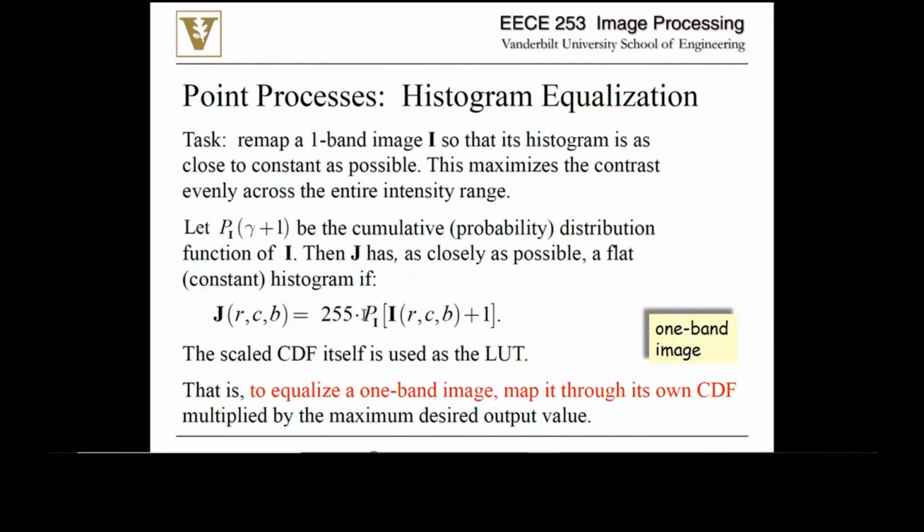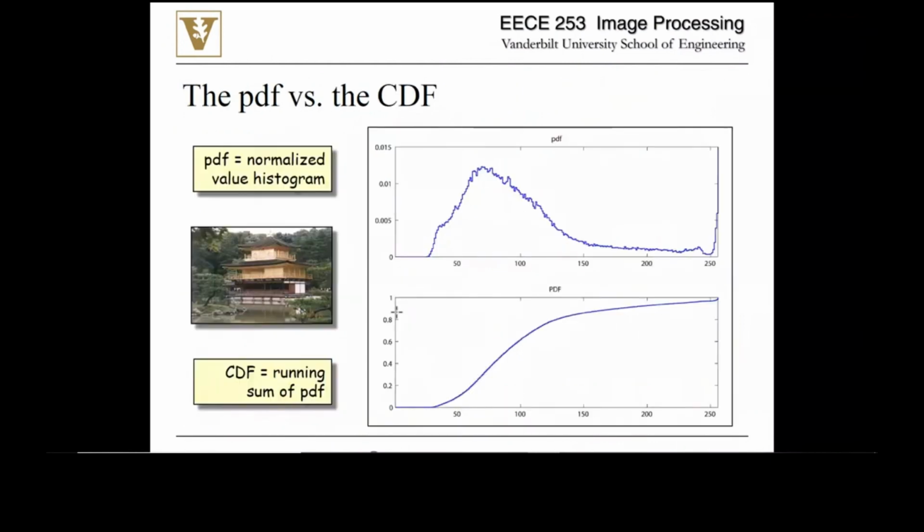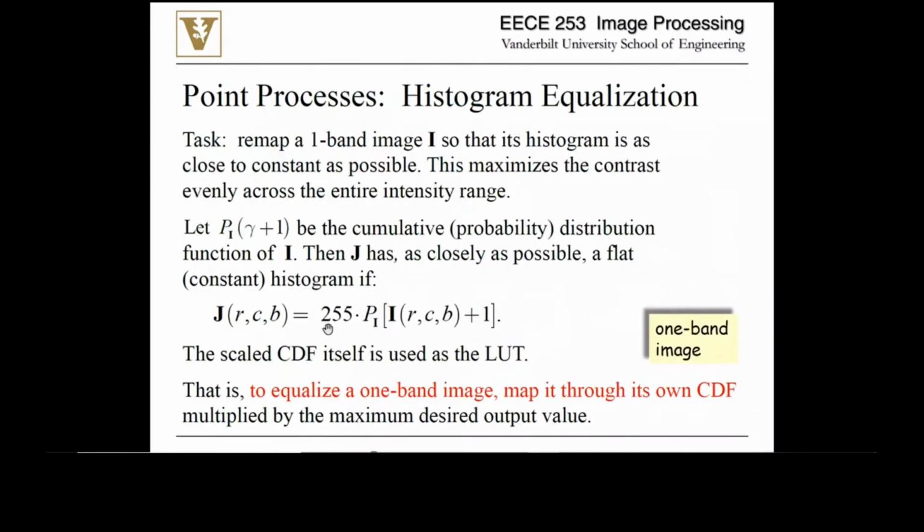Now the cumulative distribution function is always between 0 and 1, and I want the numbers between 0 and 255, so I have to multiply by 255. The plus 1 is simply a trick, telling you that you are using MATLAB and that you don't have 0 indexes in MATLAB. But forget about the plus 1.